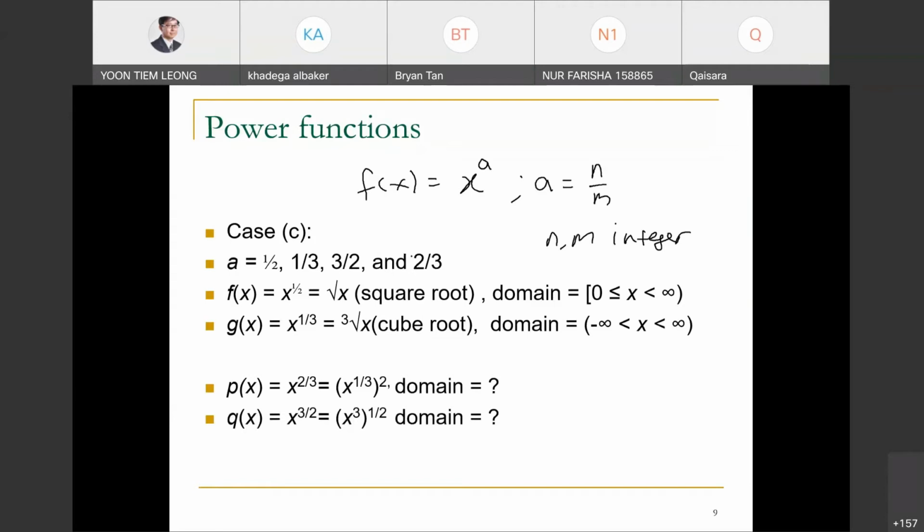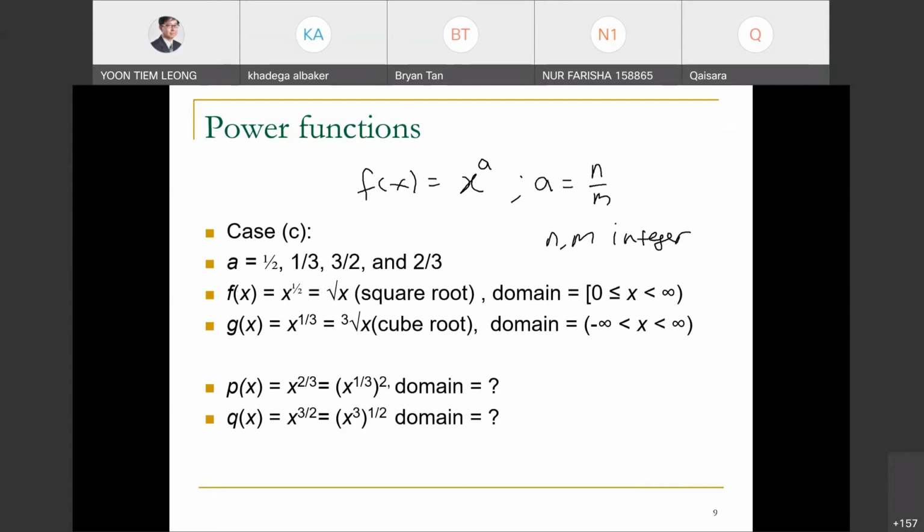So this is slightly more complicated, okay? So let's say the power a is 1/2, then the graph would be a square root function. And if it's 1/3, it will be a cube root function. And the range and domains are just as given, right?